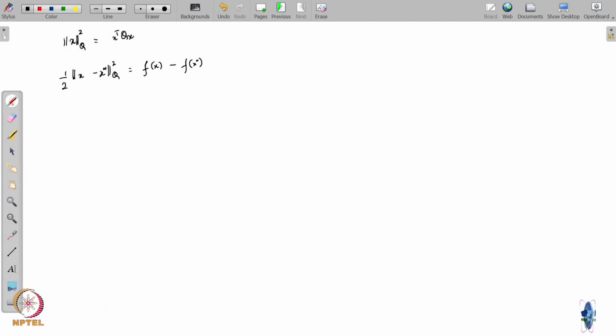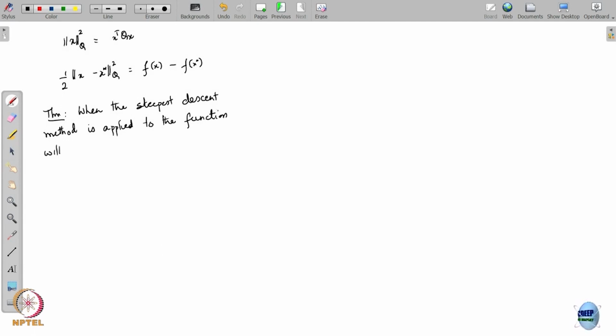Using this, we can derive the following theorem. The theorem says the following: when the steepest descent method is applied to the function f with exact line search.